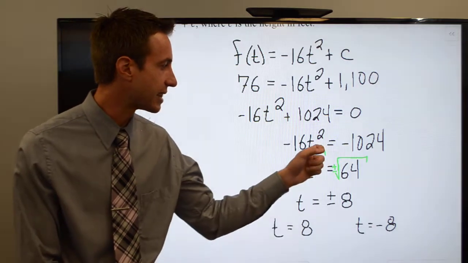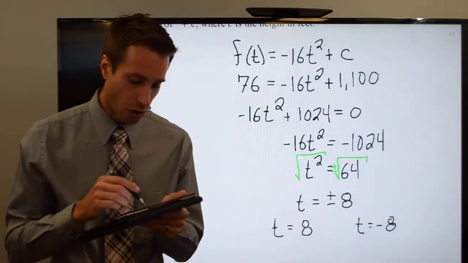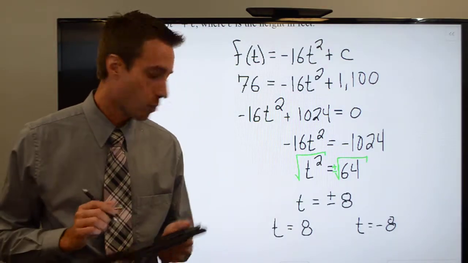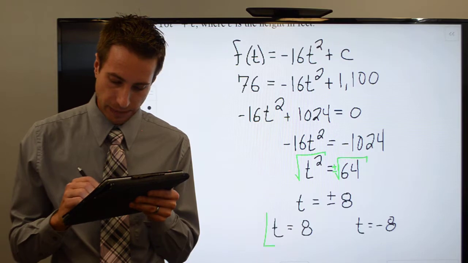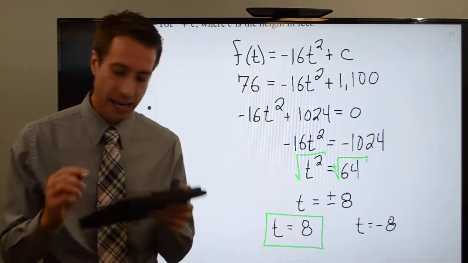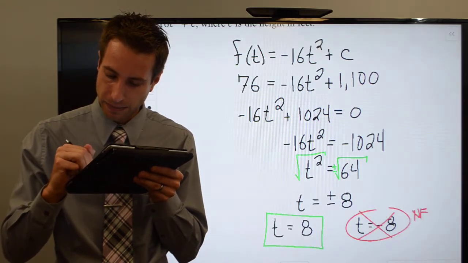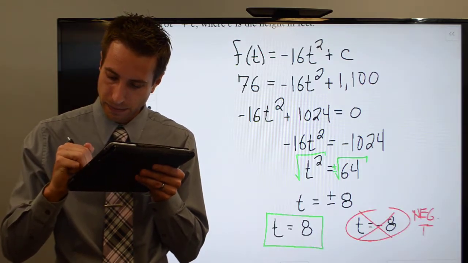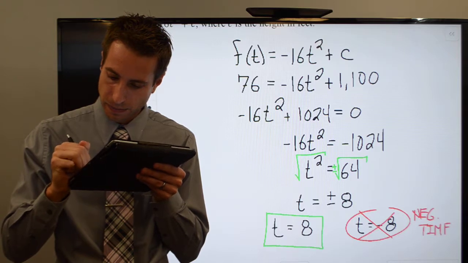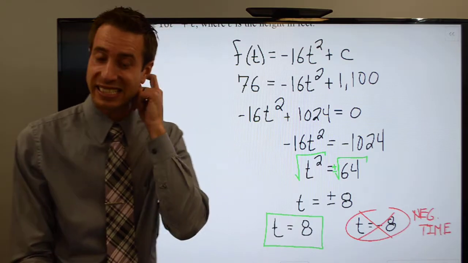You're just going to get that t squared by itself, take the square root of both sides, and you're all set. The question is, which of these is the right answer? Well, obviously, Juan's brother was in the air for 8 seconds because you cannot have a negative time. Can't have a negative time, so he must have been in free fall for 8 seconds.